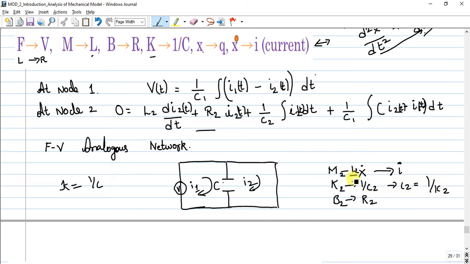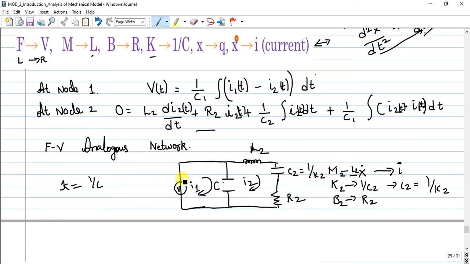Represent all three elements in series: inductor L2, capacitor C2 as 1 by K2, and resistor R2.